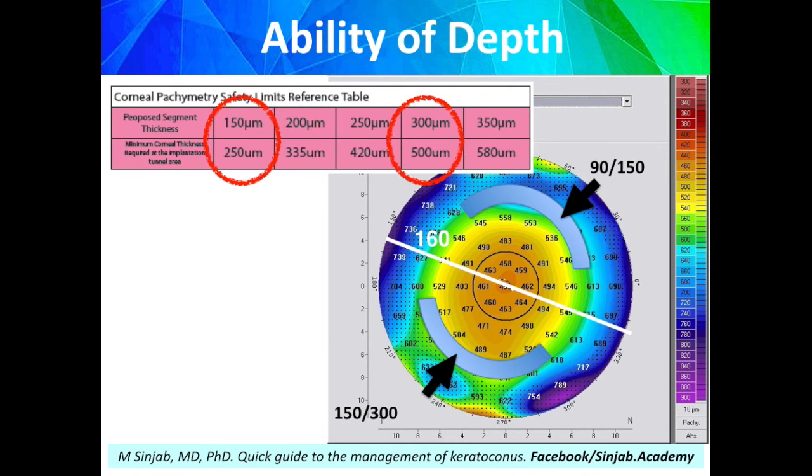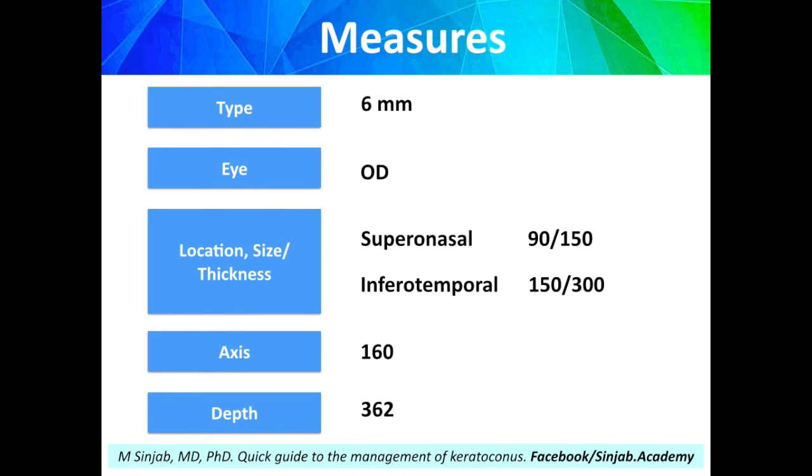So in this case, because it is already the 6 millimeter type, we have to reduce the thickness of both segments, not only the inferior one. We should reduce the thickness by 50 microns for both, and in this case, the availability of depth will be applicable. So the measurements will be 6 millimeter type in the right eye, 2 segments.